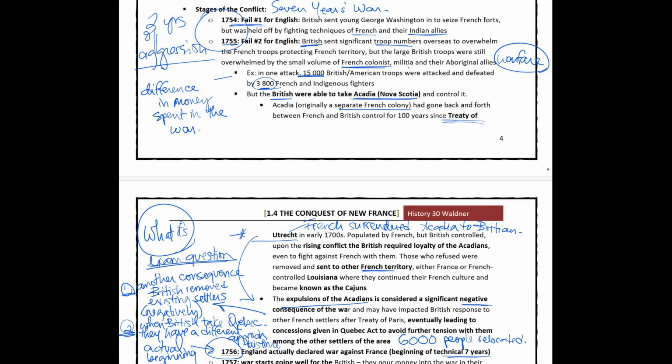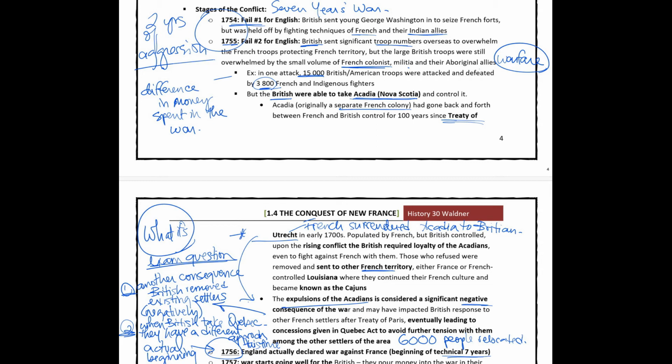So when the British take Quebec as the province, they have a different approach this time. If that Acadian expulsion hadn't happened, we might not have had a protected Quebec. And Canada would be a very different country, right? So this is one of those what ifs.